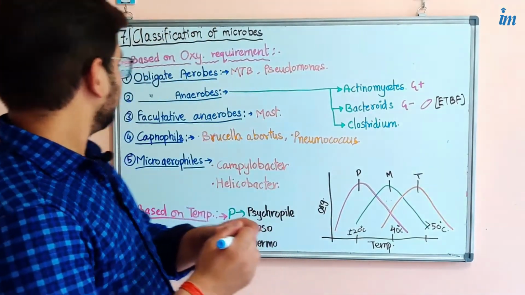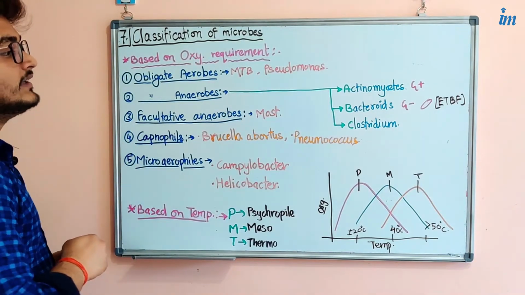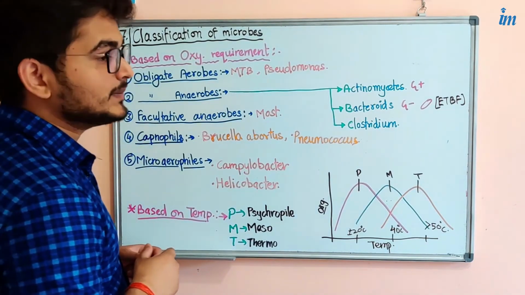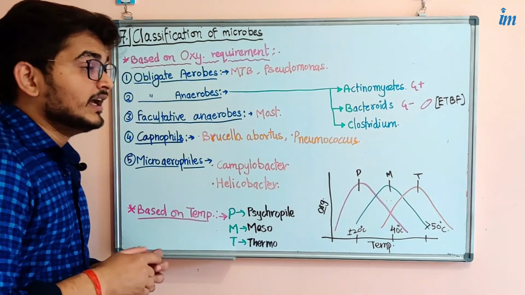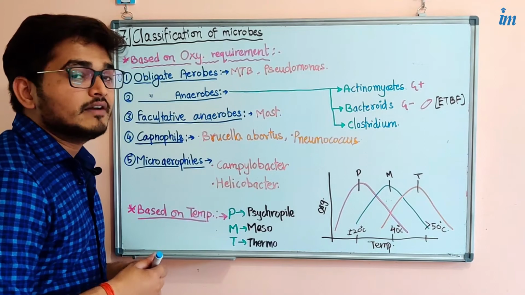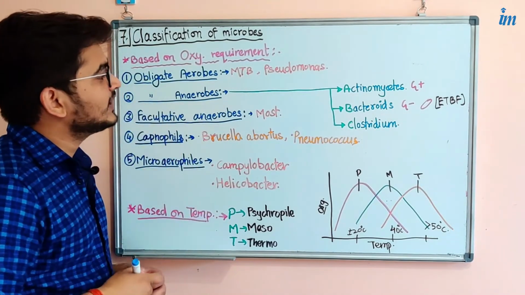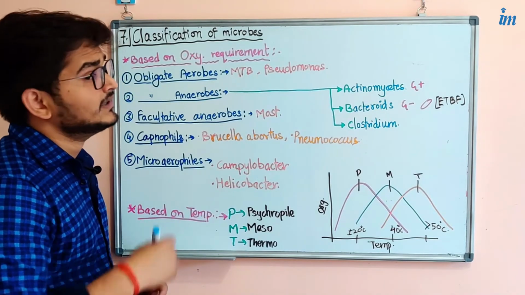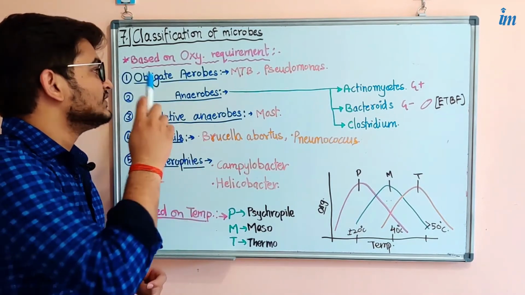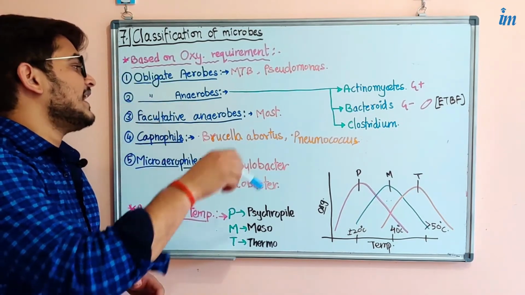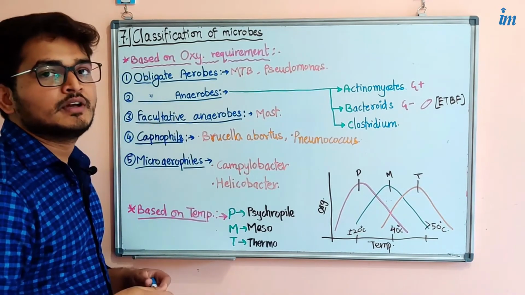The second one is obligate anaerobe, which means it is important for them that oxygen should not be present. What happens when oxygen is present? At the cellular level, as you study in cellular pathology, oxygen causes a toxic effect to these microorganisms, so they cannot grow. Similarly, if there is no oxygen available, the obligate aerobes will die, and if there is excess oxygen, then obligate anaerobes will die.